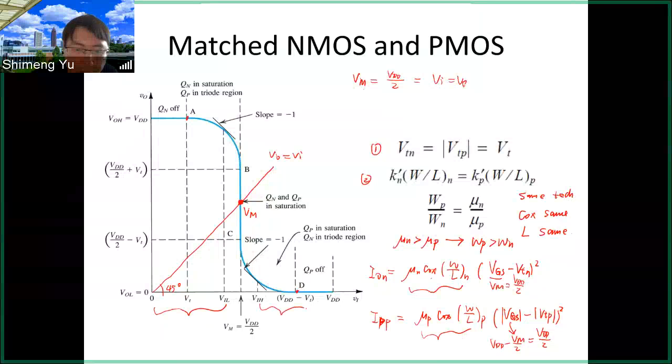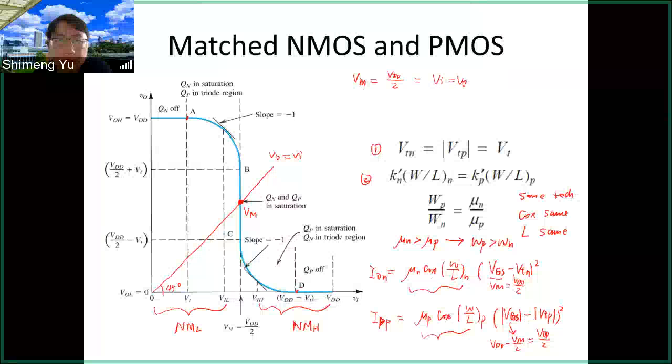And if Vm is half VDD, then this noise margin low and this noise margin high will be the same. And later, when we talk about lecture 13, you will see that if the CMOS inverter is matched, then the delay will be the same as well.